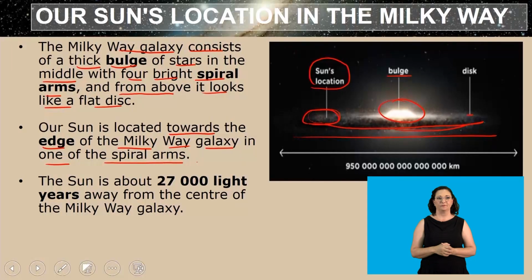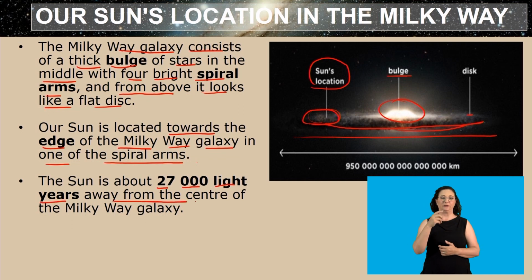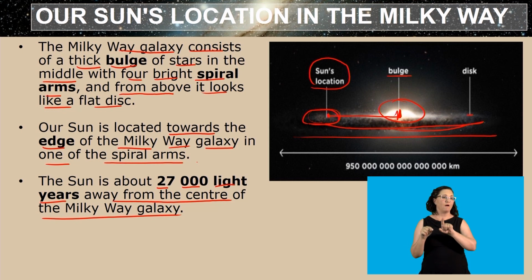The sun is about 27,000 light years away from the center of the Milky Way galaxy. If you check the distance from the bulge to the location of the sun, it is about 27,000 light years away from the center of the Milky Way.